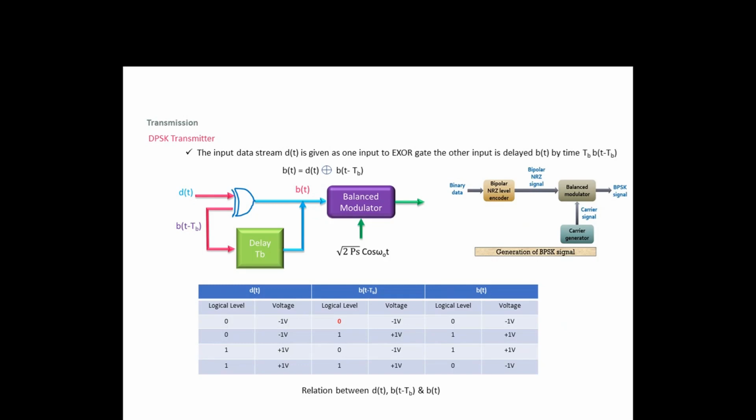Then in the third input, that is 1 0, we are receiving different inputs, so we are getting 1 as the output. Then what is the fourth one? The fourth input is 1 and 1, so we are getting the output as 0.